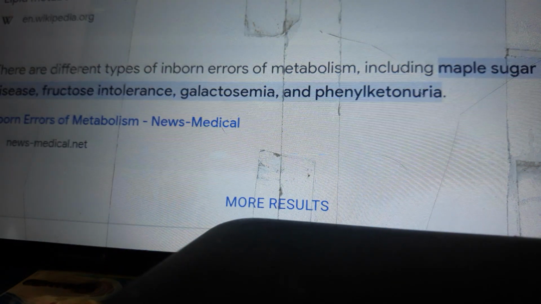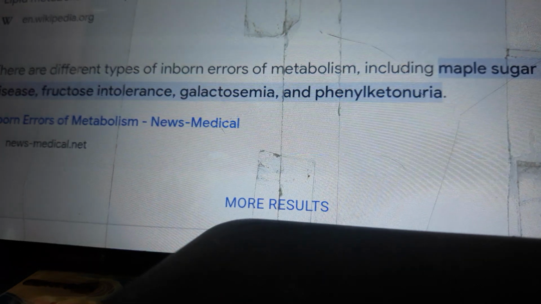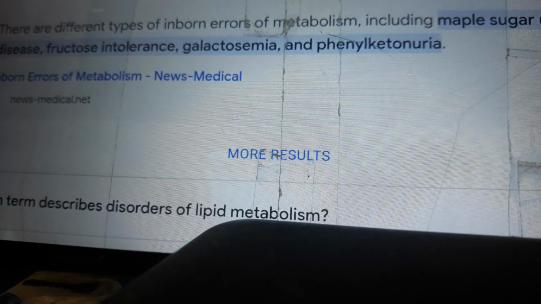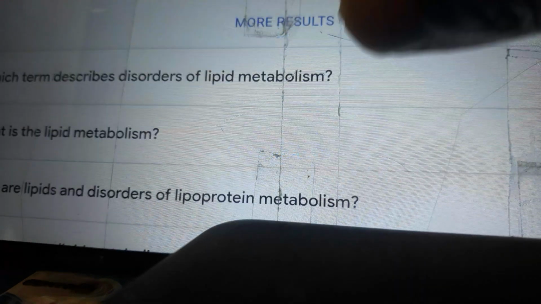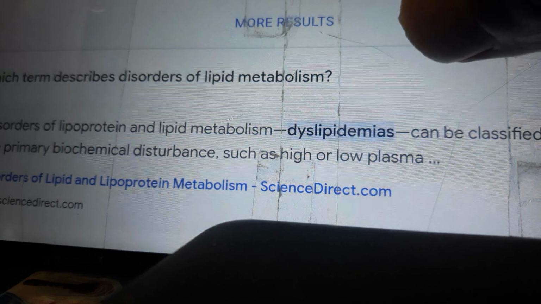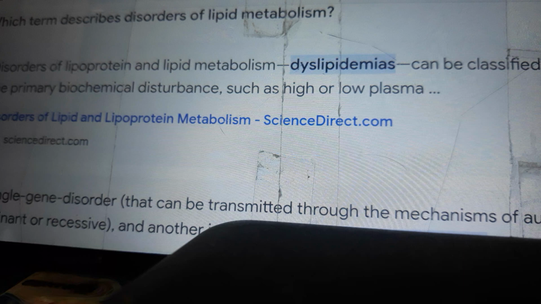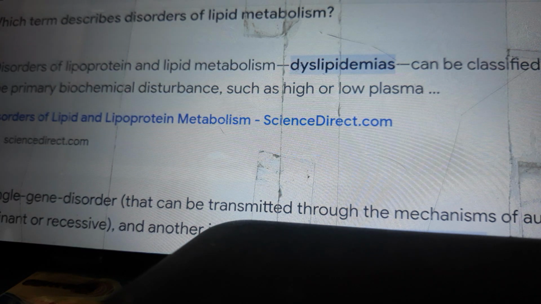Just for a continuation, there are different types of inborn errors in metabolism, including maple syrup urine disease, fructose intolerance, galactosemia, and phenylketonuria. Which term describes disorders of lipid metabolism? Disorders of lipoprotein and lipid metabolism.